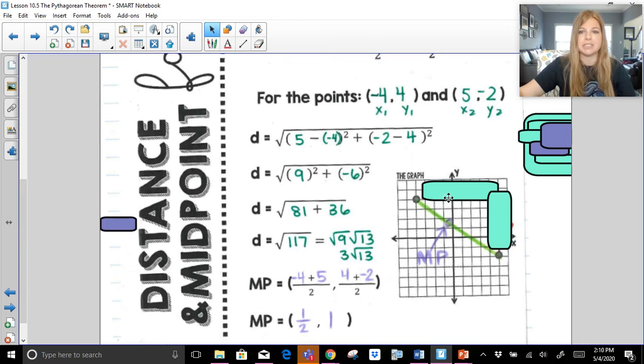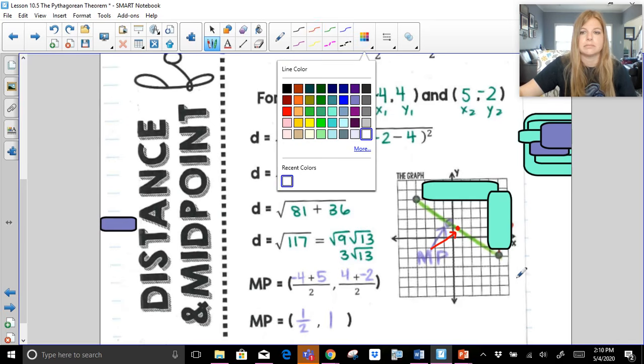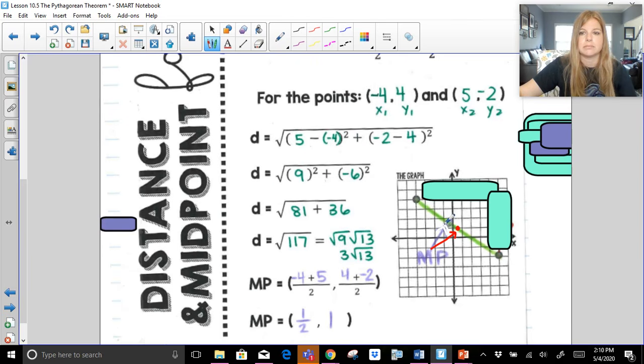Here's that midpoint that we calculated, and that midpoint is right here at (1/2, 1), and I can see it's halfway in between those 2 points.